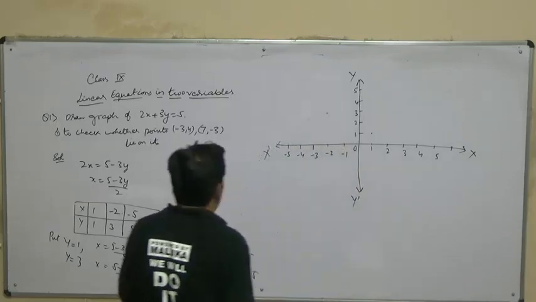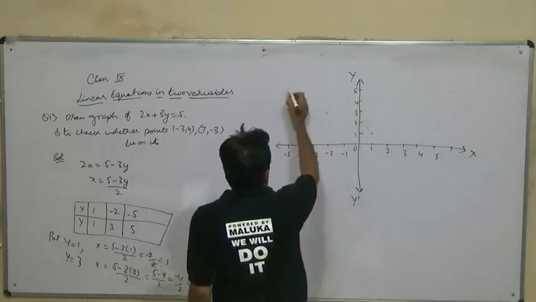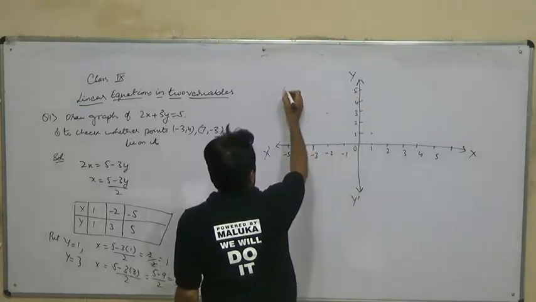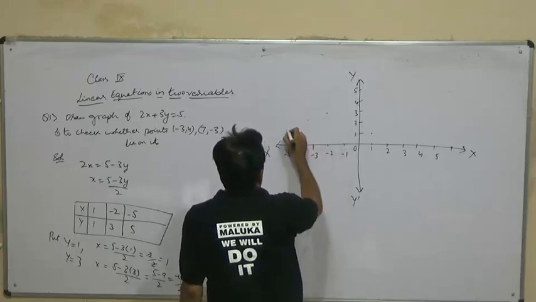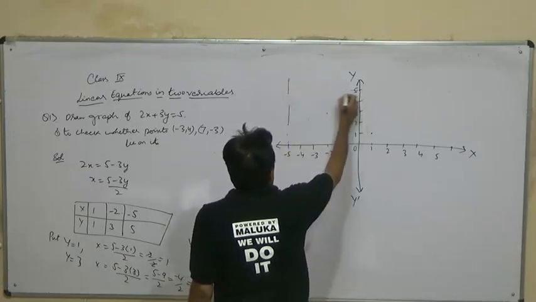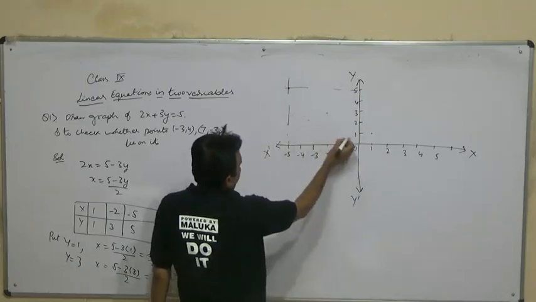And then next is minus 5 and 5. And this will be your next point minus 5, 5. Now join all these points.